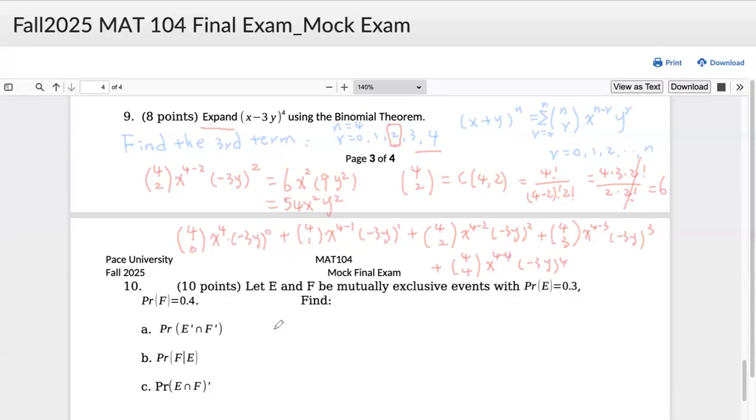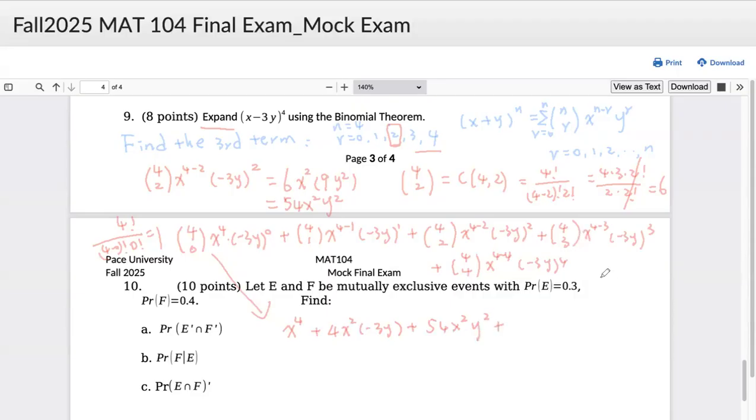Then we simplify a little bit. 4 choose 0 is 4 factorial divided by (4 minus 0) factorial, which is 4 factorial divided by 0 factorial, which is just 1. So 1 times x raised to 4, and negative 3y raised to 0 is also 1. Plus, 4 choose 1, 4 ways, times x cubed times negative 3y, plus the third term we already calculated, 54x squared y squared.